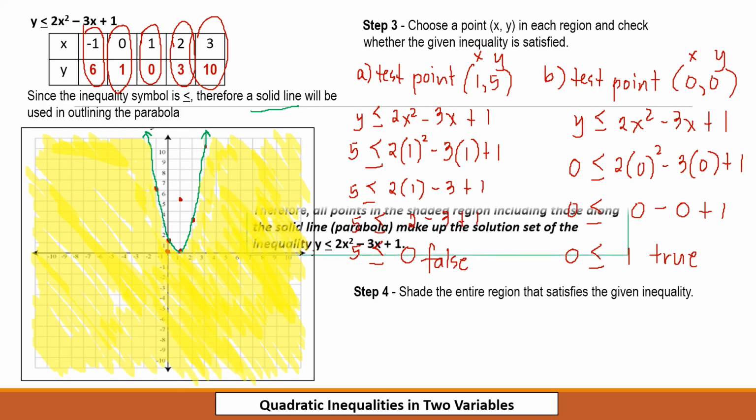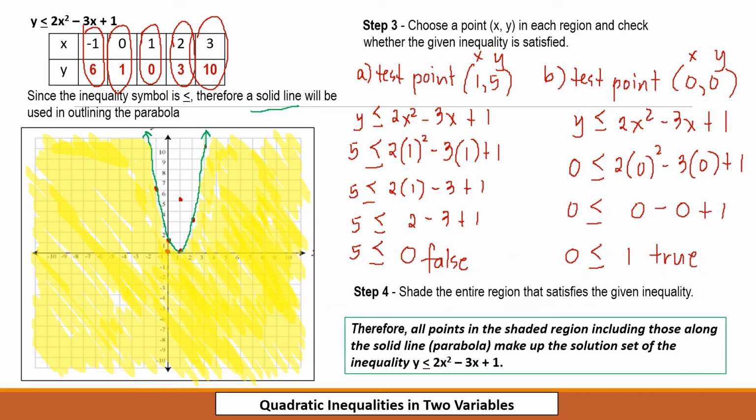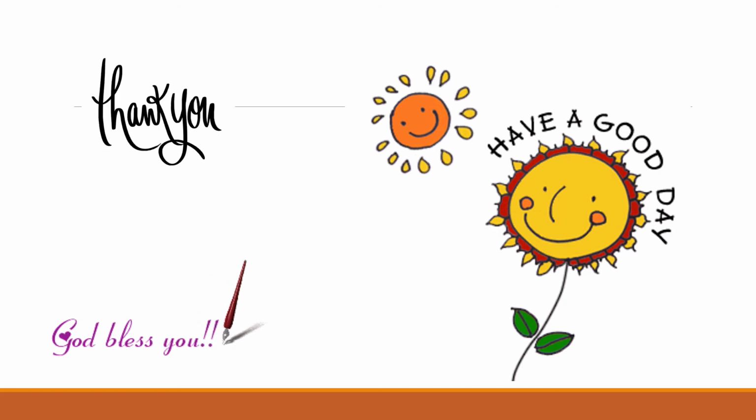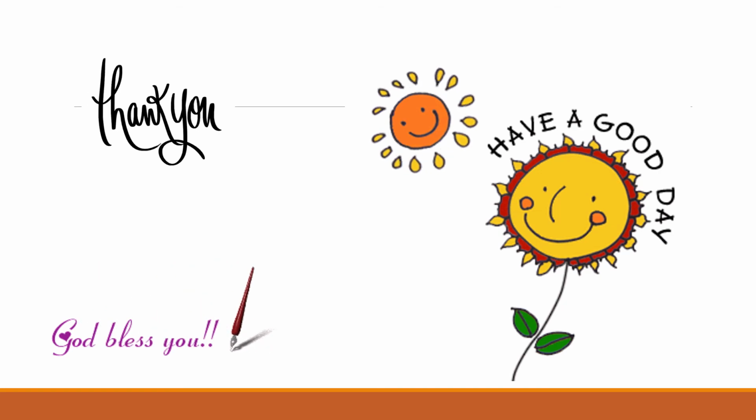With that, we can say that all points in the shaded region, including those along the solid line of the parabola, make the solution set of the inequality y is less than or equal to 2x squared minus 3x plus 1. So that is how we solve quadratic inequalities in two variables graphically. Thank you very much.